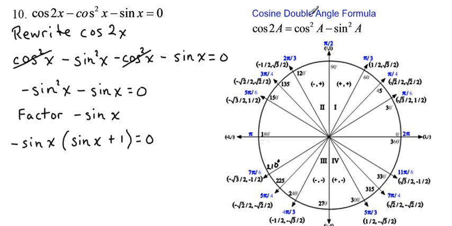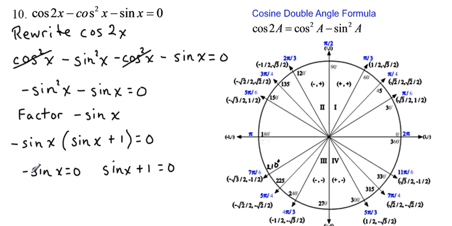Now, we have two factors, and we will take both factors and set them equal to 0. So the first one we'll write is negative sine x equals 0. The second one we'll write is sine x plus 1 equals 0.